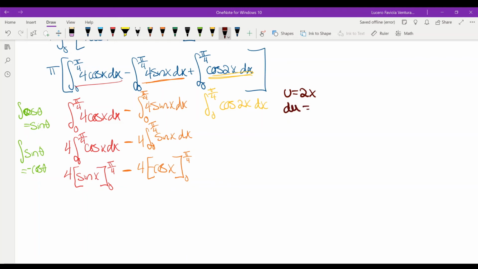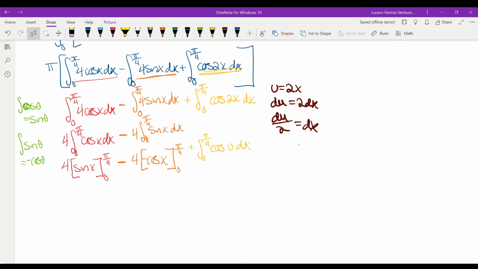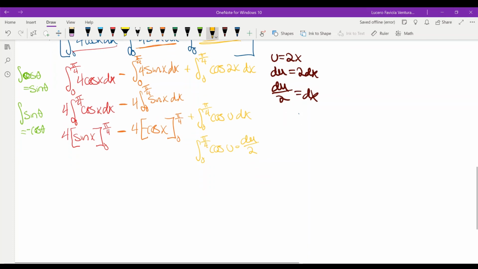Our du is 2 dx. And divide both sides by 2 to get du over 2 is equal to dx. Then we plug in our u substitutions. So we end up with the integral from 0 to pi over 4 cosine of u times du over 2.